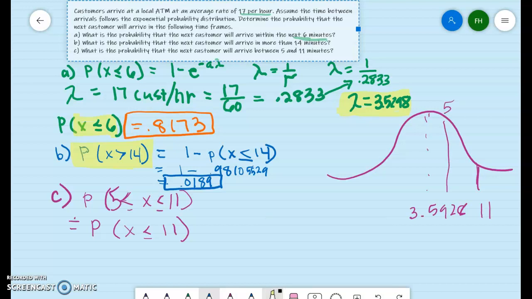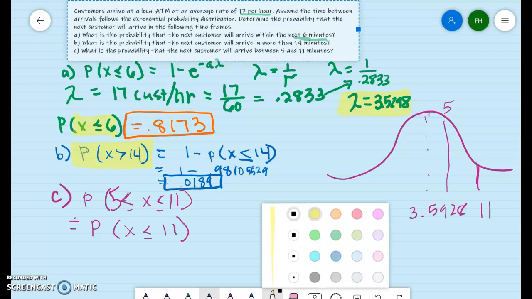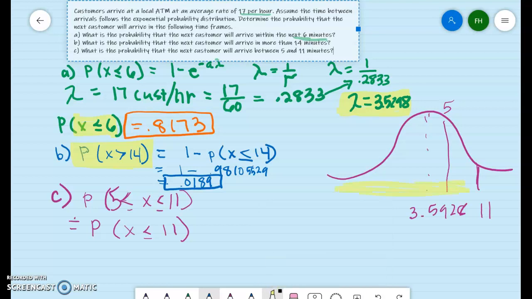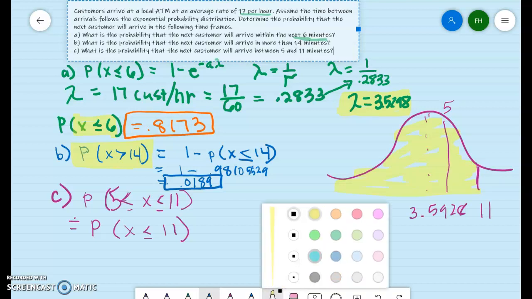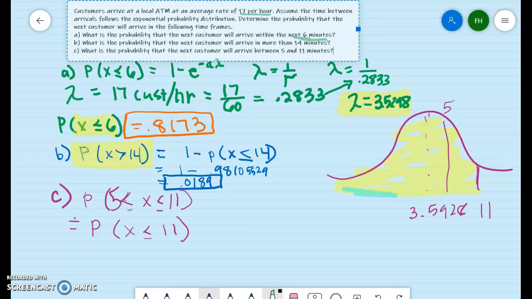So when we look up the probability of 11, it's going to give us everything up into 11. And then when we find the probability of 5, it's going to give us everything up to 5.